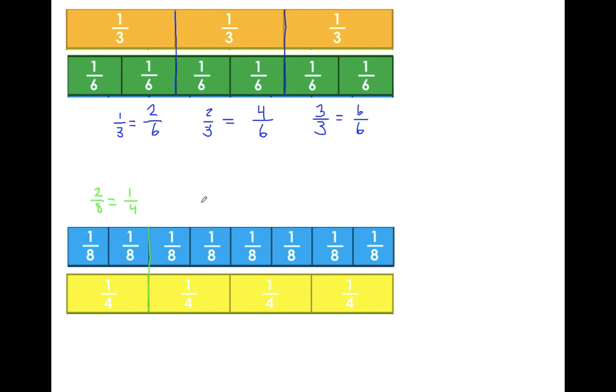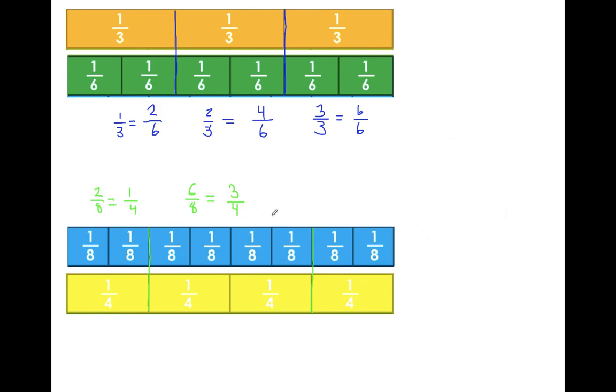Now if I have 6 eighths, how many fourths is that going to equal? So I'm going to count over 6 eighths. I have 1, 2, 3, 4, 5, 6. That is going to equal how many fourths? 1, 2, 3. So there are 3 fourths.